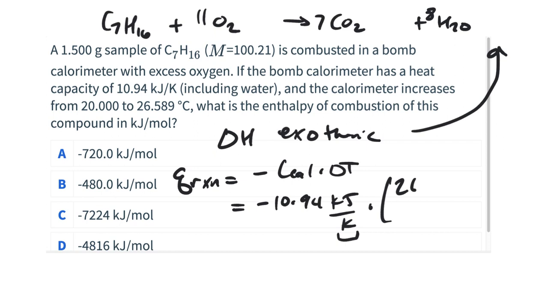And so finally, 26.589 minus 20.000 initially, so our delta T would be 6.589 degrees C. And again, that'll cancel into the Kelvin. So we go 10.94 times 6.589, which gives me negative 72.08.